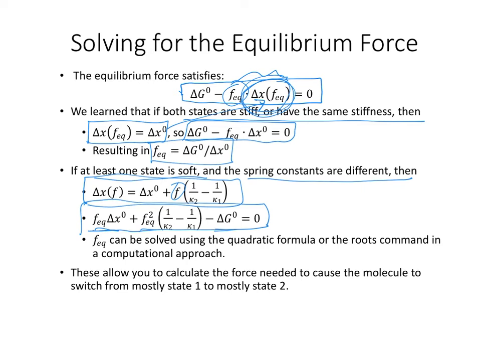The whole thing is a polynomial in F equilibrium, so we can solve for F equilibrium using the quadratic formula or a roots command if we're using a computational approach. These two methods allow us to calculate the force needed to cause the molecule to switch from mostly state 1 to mostly state 2, recalling that that's the definition of the equilibrium force. So depending on information about the stiffness of the molecules, you can use one of these two equations. Of course, you have to do something much more complicated if you can't assume a linear spring.